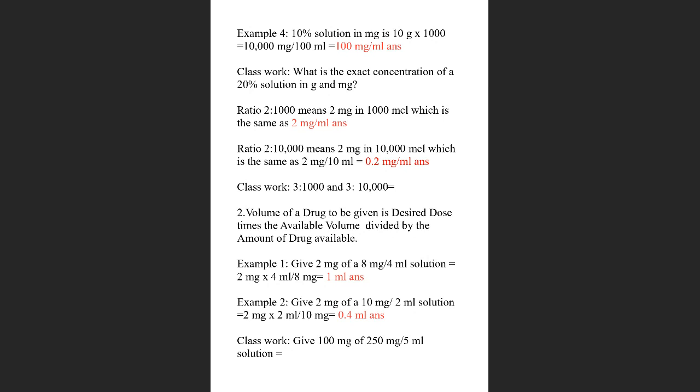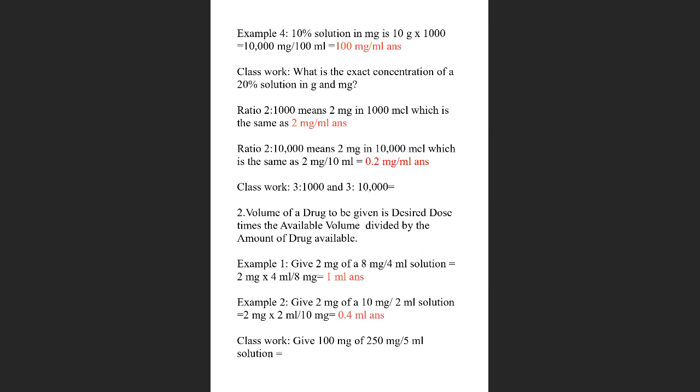And that would be the same as 2 milligrams per mil. That would be the exact concentration. So 2 in 1,000 is the same as 2 milligrams in 1,000 microliters, which is the same as 2 milligrams per mil.